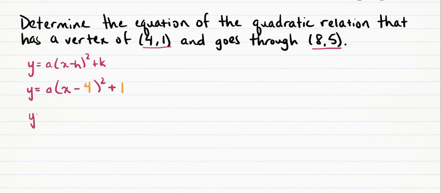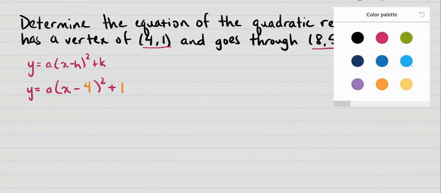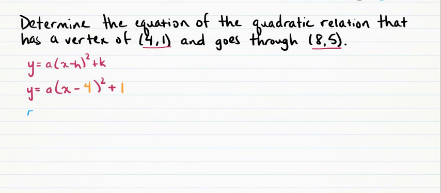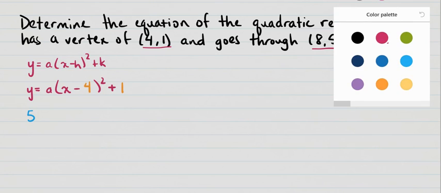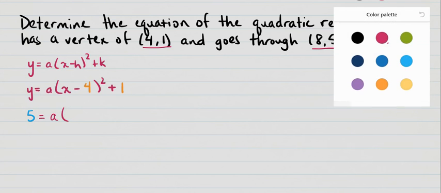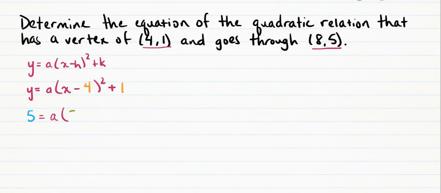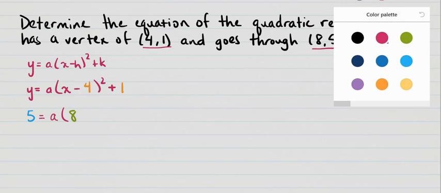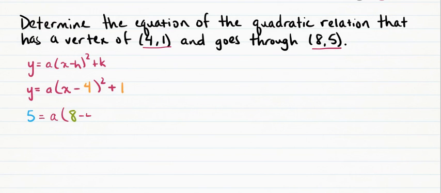So then we have the equation: 5 is the y value, and the x value is 8, so 8 minus 4 squared plus 1.